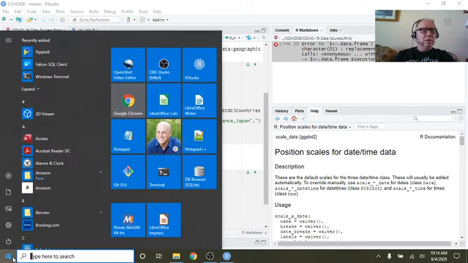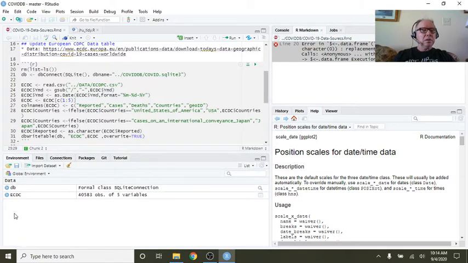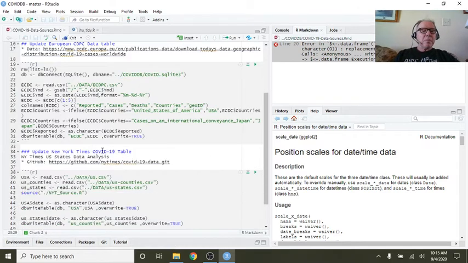Okay. Let's just check what this data actually looks like.